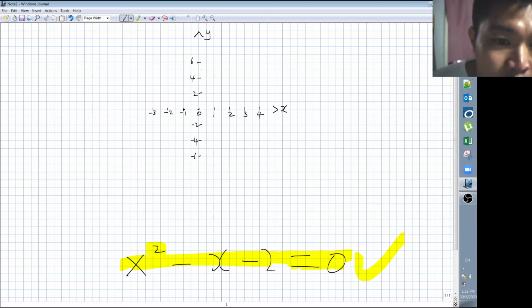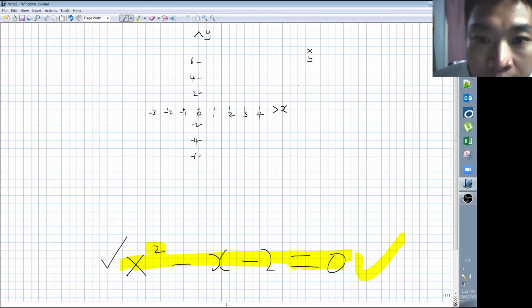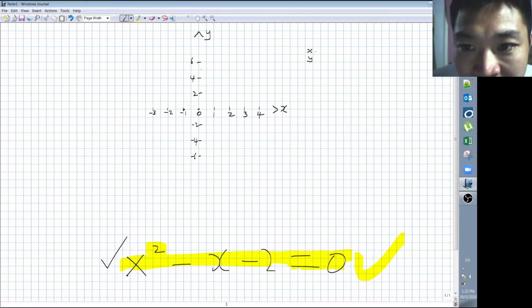Now in order to plot this curve out, what you need is a table of both x and y values. So let's start off with when x equals minus 3. Let's figure out what your y is.